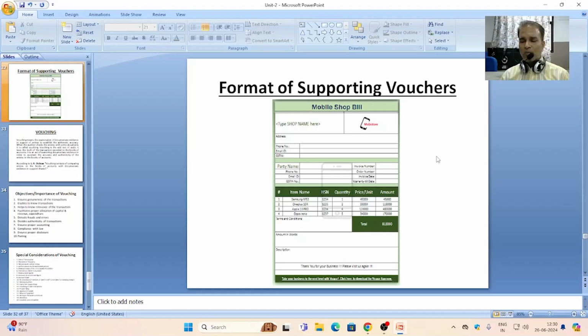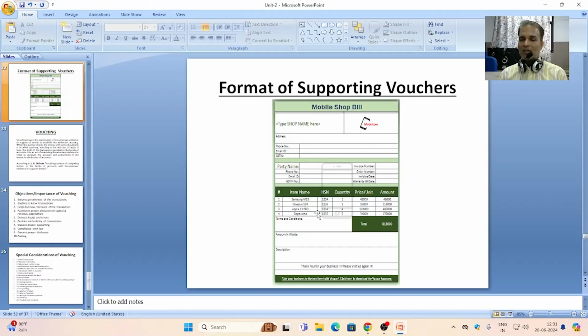Suppose you buy a mobile phone from a shop, then the shop owner will issue a bill or an invoice to you, and the invoice or bill issued by the mobile shopkeeper is a supporting voucher, and on the basis of this supporting voucher the accountant can prepare a debit or credit voucher.